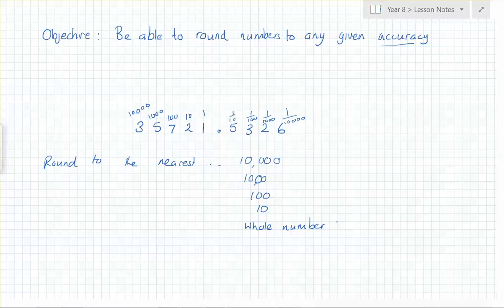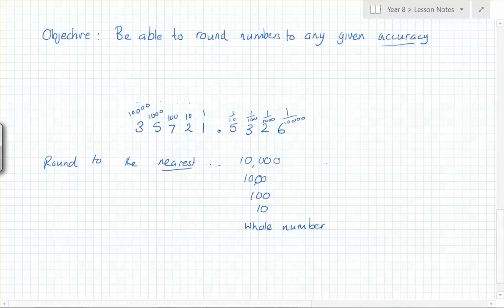So to round to the nearest, you don't say to the nearest significant figure. Okay? So this word here, round to the nearest, we are using each value of the column. Are there any rules you know about for rounding already?